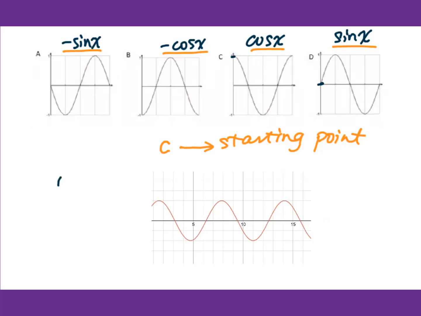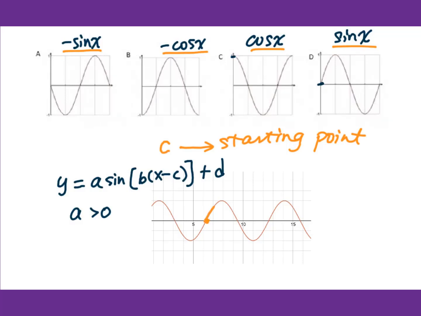For example, if I want to figure out y equals a sin of b x minus c, plus d, and this a is positive from this graph, you have to use this point. See, this is the sin pattern. Then you could see this will be the C.